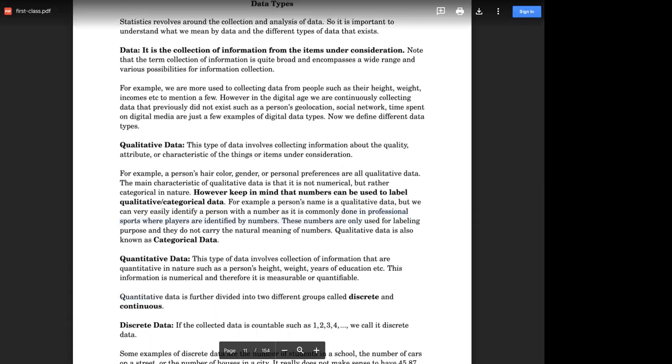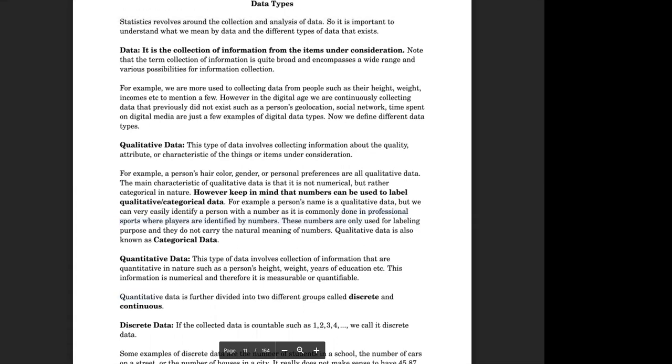And then we talked about data. Remember, data we have defined as information. Do not think of data as numbers, even though data could be numbers. Data could be non-numbers too. Data could be qualitative also. Qualitative data could also be called categorical data.